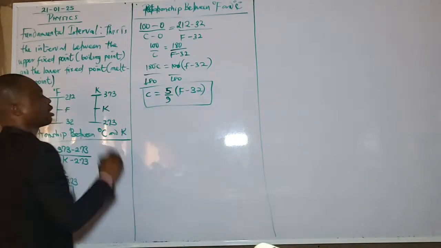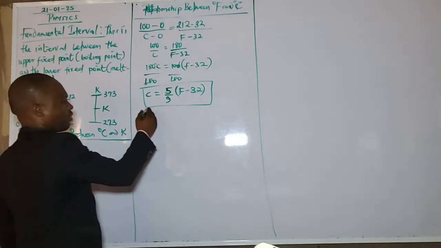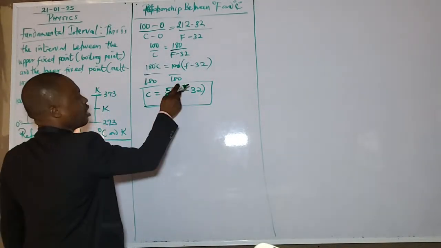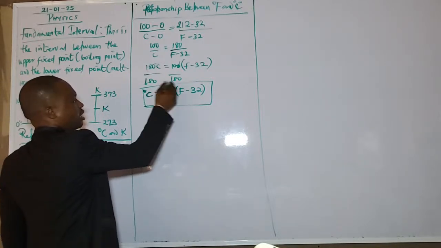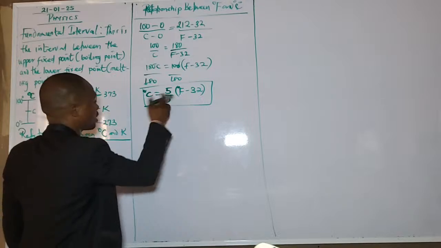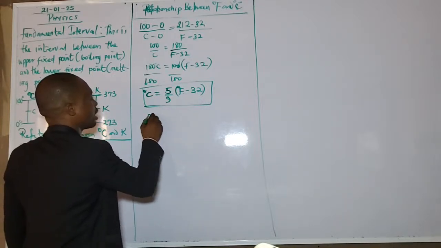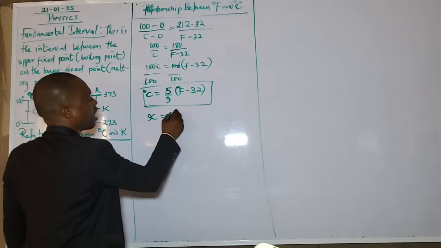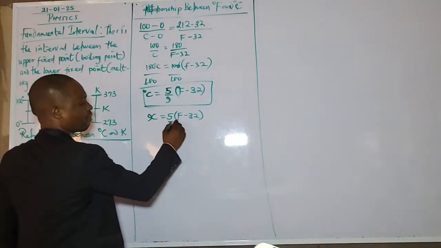This is the formula for finding degree Celsius. Now, let's make F the subject of the formula using the knowledge of mathematics. So we have 9C equals 5 into F minus 32. Divide both sides by 5.